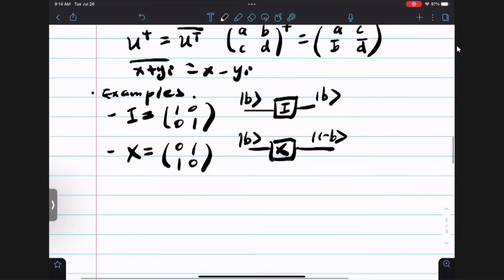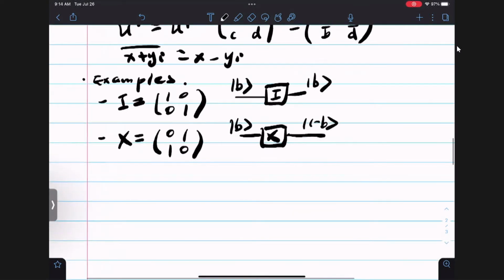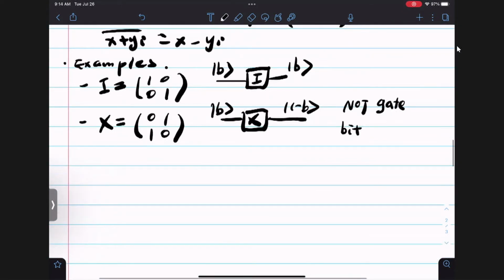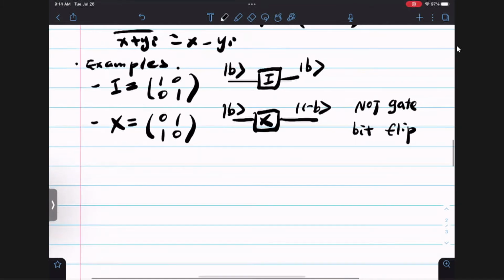So it maps ket 0 to ket 1, and maps ket 1 to ket 0. Classically we call this the NOT gate, and in quantum mechanics we call it bit flip. And then there are a few others, like the Z gate. Let me just write it down.